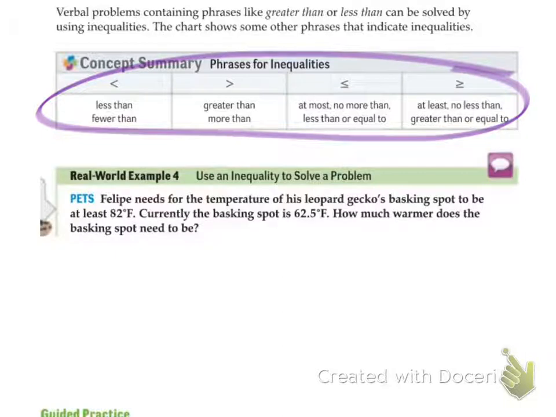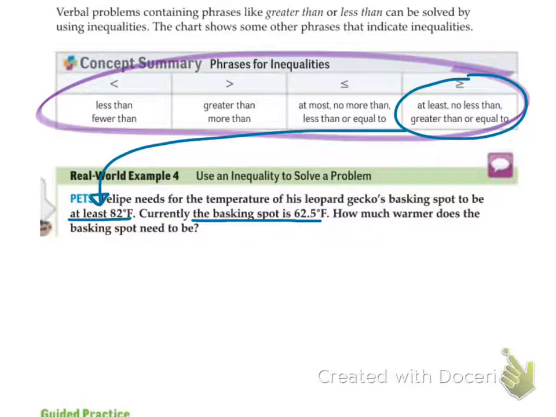Currently the basking spot is 62.5 degrees Fahrenheit. How much warmer does his basking spot need to be? So I underline the 2 points of information that I know, and then I look at that keyword, at least. Knowing that it says at least, I'm going to select the greater than or equal to sign.